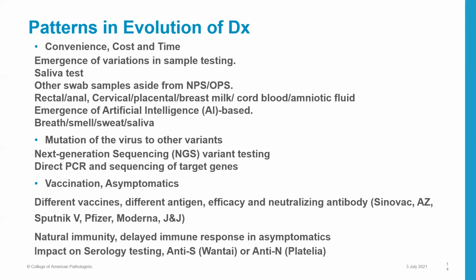So cervical, placental, breast milk, cord blood, amniotic fluid. These are the non-conventional samples, which we have also optimized, and we've been testing in our study. And then the emergence of artificial intelligence-based tests.